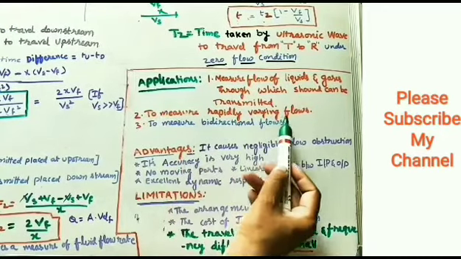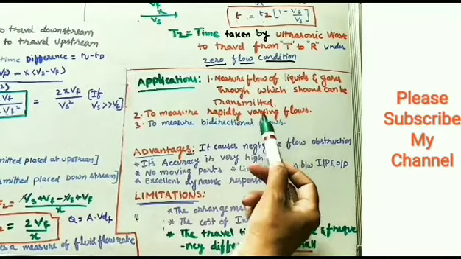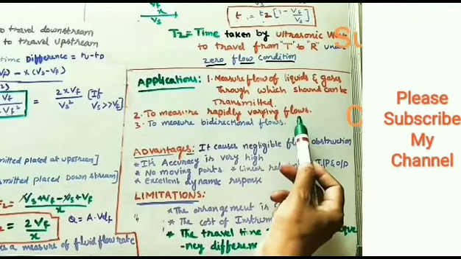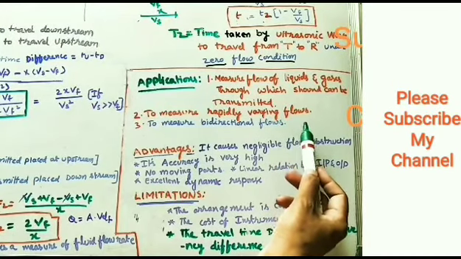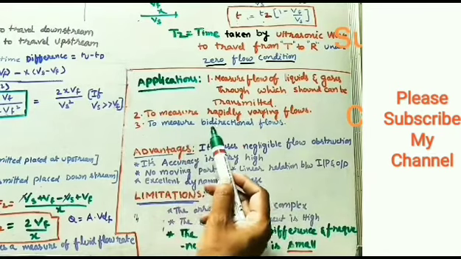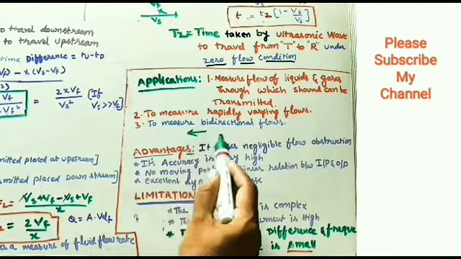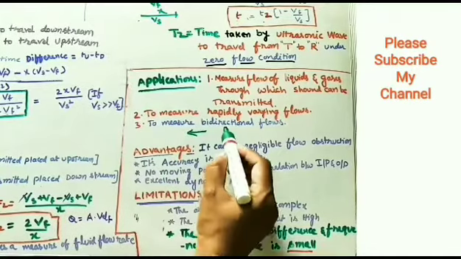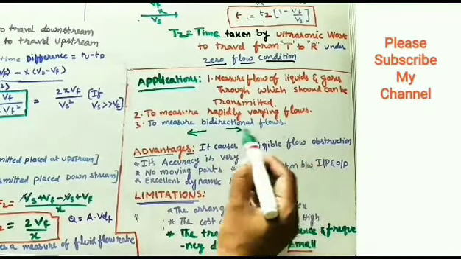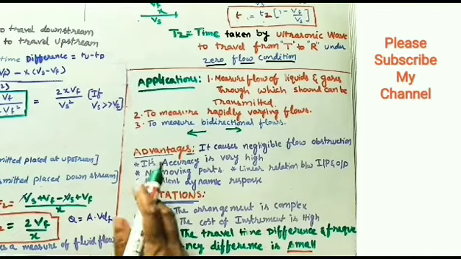It will measure rapidly varying flows; if you change the flow, it will quickly give a very accurate value. It also measures bidirectional flows; in reverse direction flow also, it will give the Q value, not only in this direction.